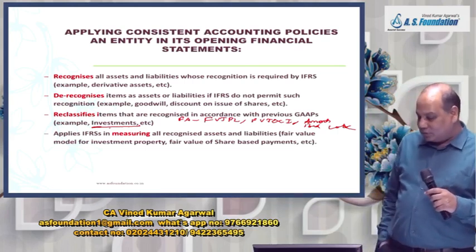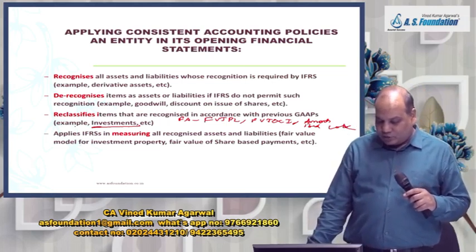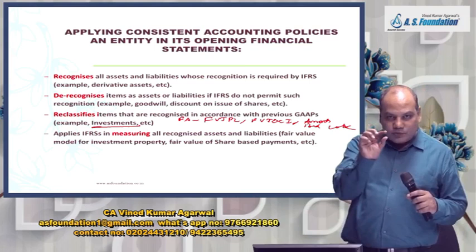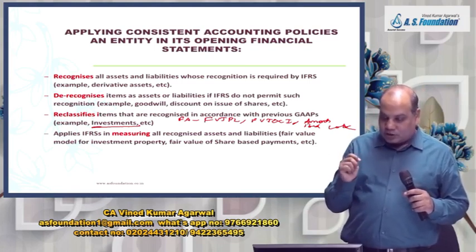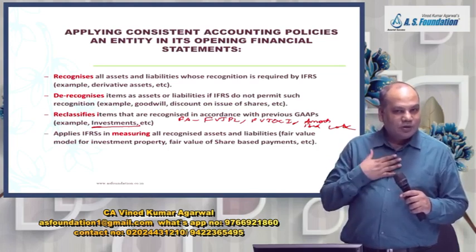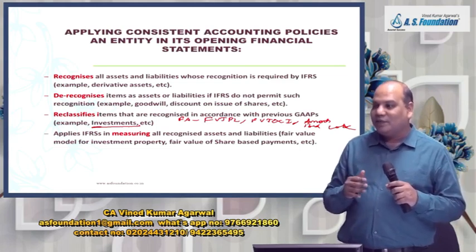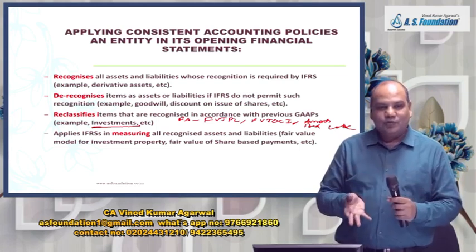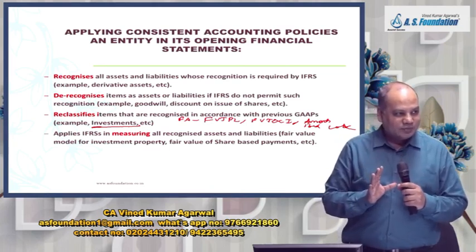And then one more thing, which is a big challenge, point number 4. Point number 3 may not be a challenge, you just have to shift it from one pocket to another pocket. Point number 4 is a challenge. You have to measure, hold your breath, all assets and liabilities as per IFRS, as if you had followed IFRS for this item from the beginning. Okay.